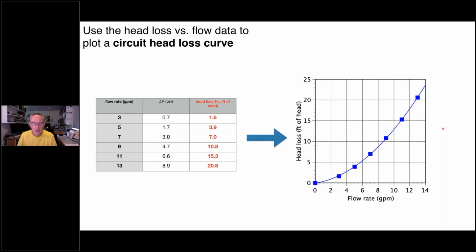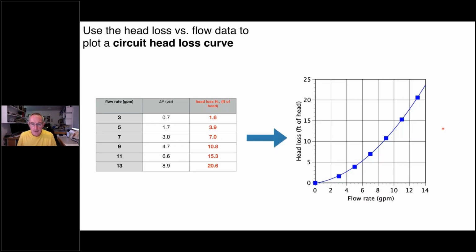Whatever that fluid is going through will have an effect on that circuit head loss curve. So imagine any kind of circuit you want, there's always going to be a head loss curve. And basically, that's what we just measured. The data we took allowed us to create this graph.